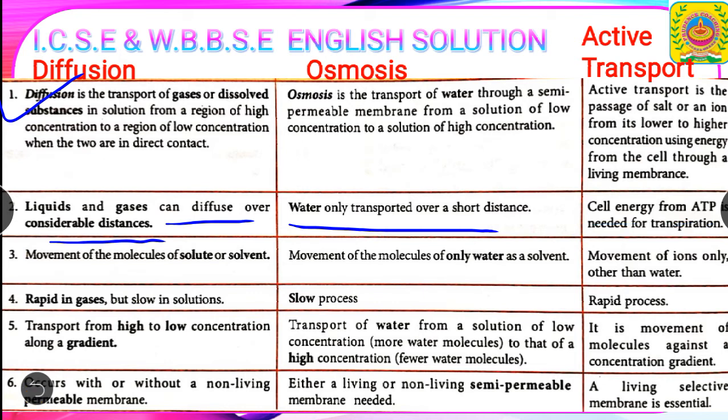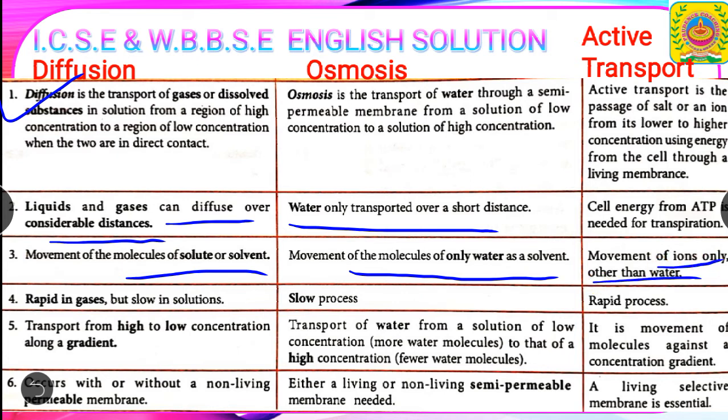Next, in diffusion the movement of molecules is of solute or solvent, in osmosis the movement of only water as a solvent is required, and in active transport the movement of ions only, other than water.